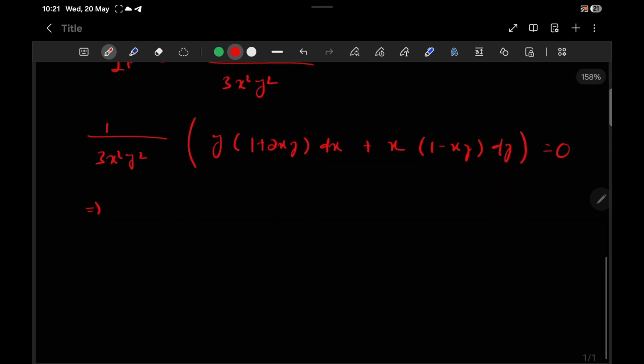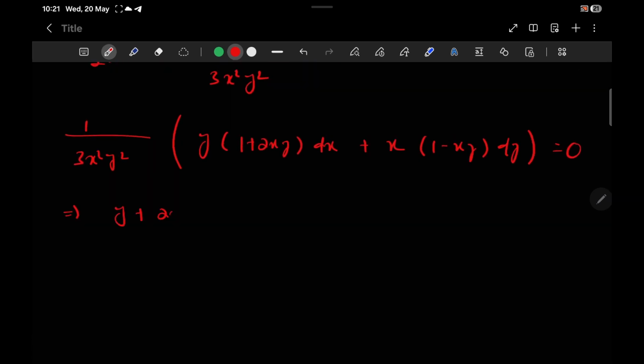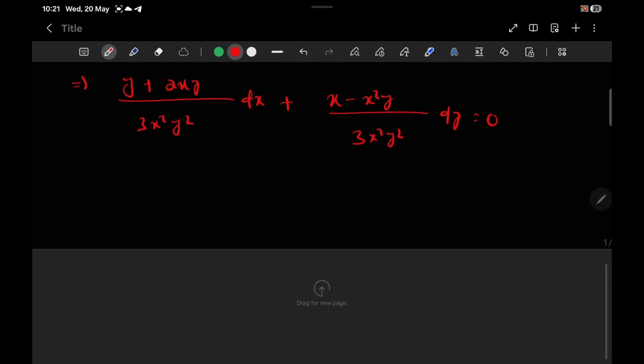Now that becomes (y + 2xy²)/(3x²y²) dx + (x - x²y)/(3x²y²) dy = 0.